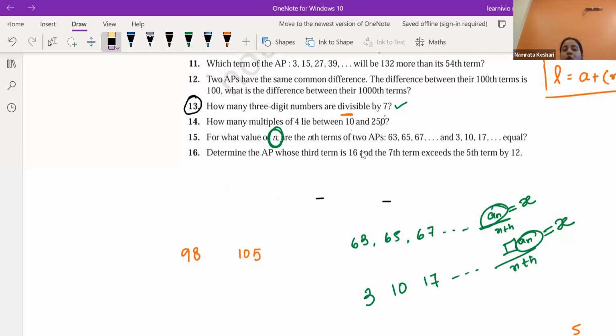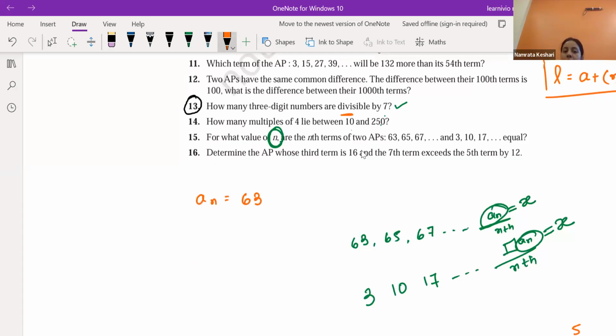So, for what value of n are the nth term of this AP and that AP equal? Let's check. Suppose the nth term for the first AP, an, is a plus n minus 1 into d.